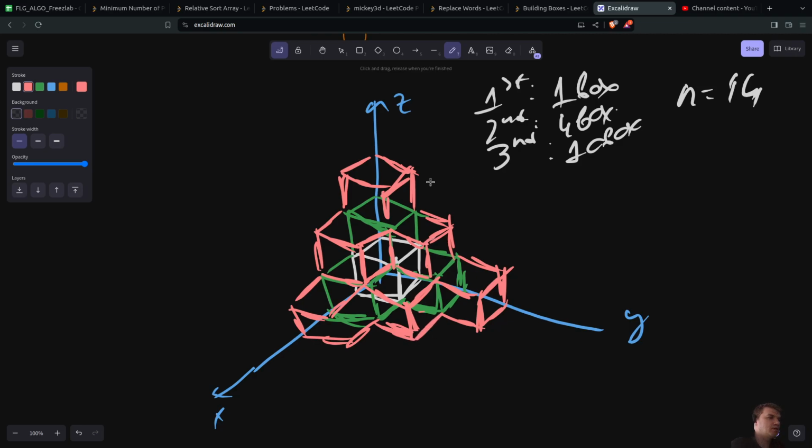So these boxes, and we count how many we have. We have 1, 2, 3, 4, 5, 6, 7, 8, 9, and 10.